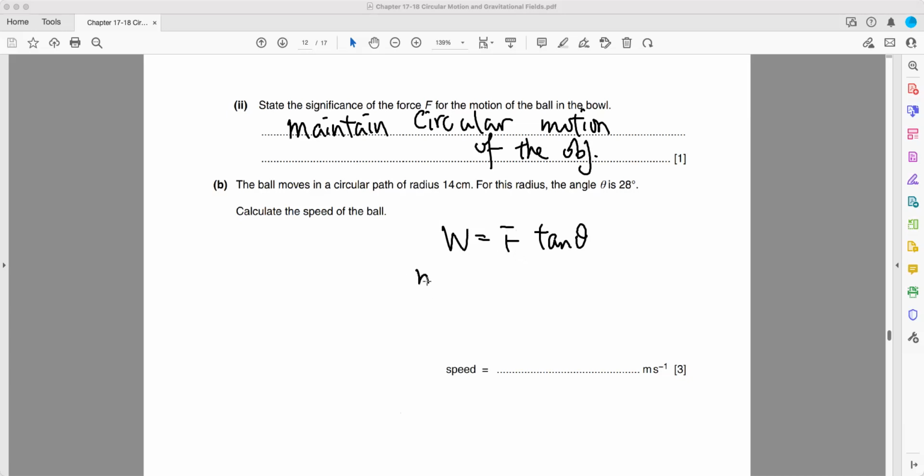W is mg. And a can be written as v squared over r if it's a circular motion. The m can be cancelled out. Then you just use your calculator.